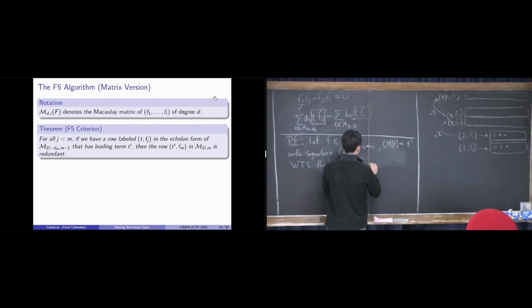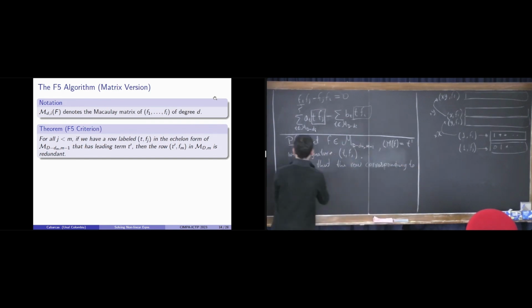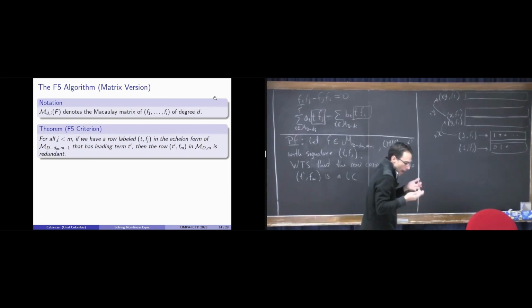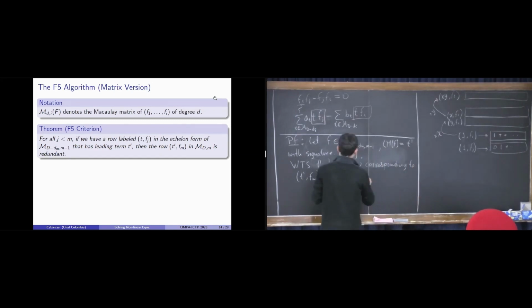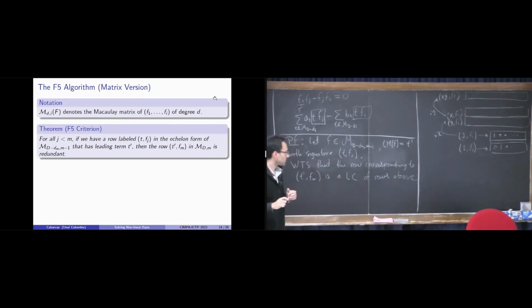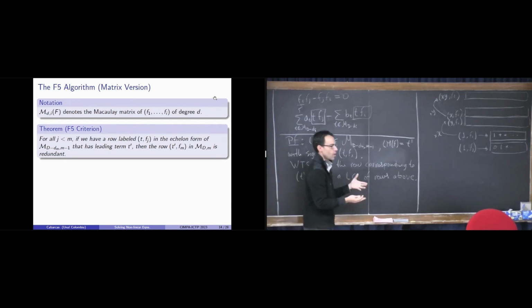The row corresponding to t'·Fm is a linear combination of rows above, and because of the ordering on the signatures, this corresponds to a linear combination of rows with a lower signature.